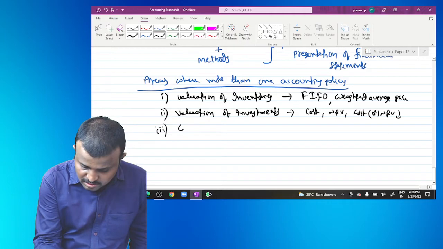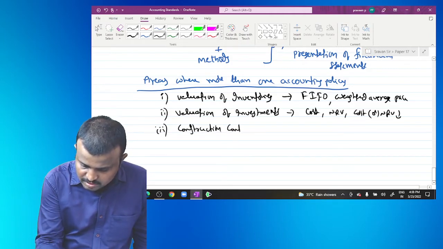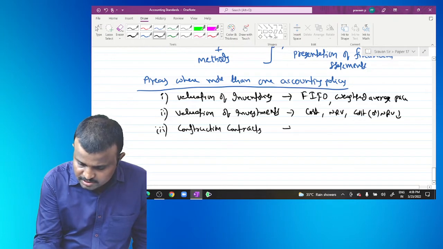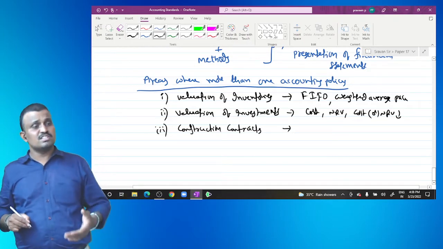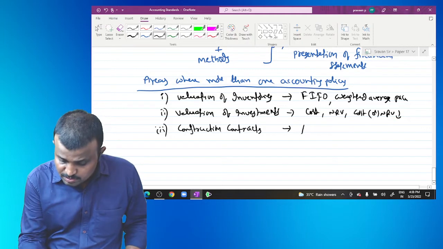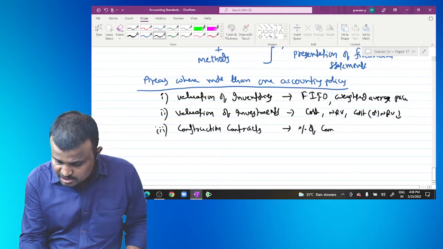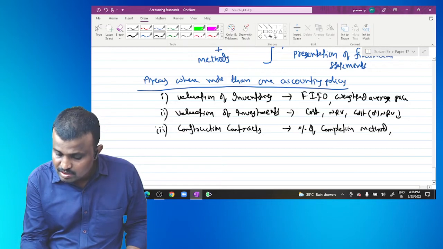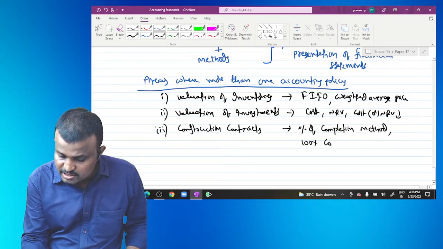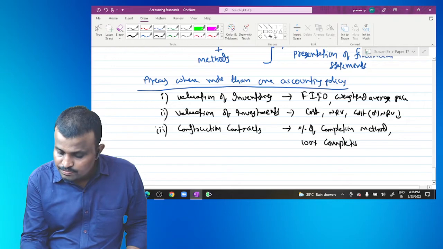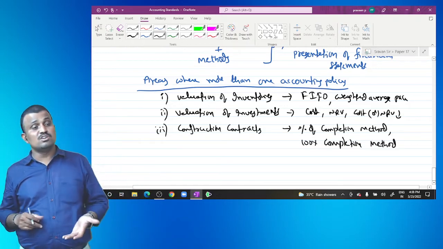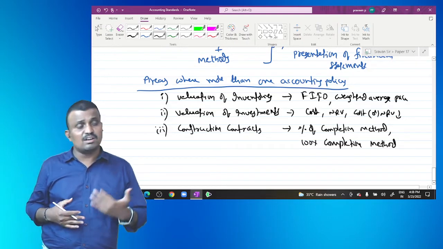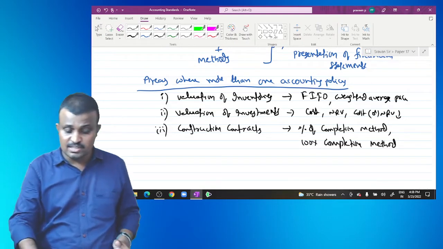In case of construction contracts, we have the percentage of completion method or the 100% completion method. Either we may follow the percentage of completion method or the 100% completion method.